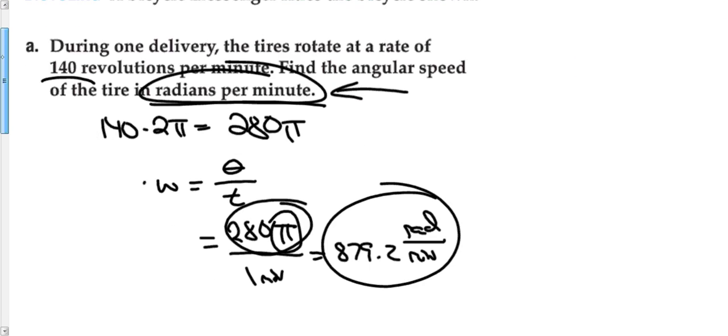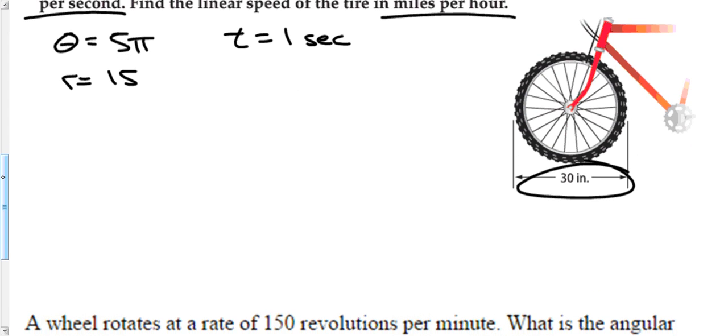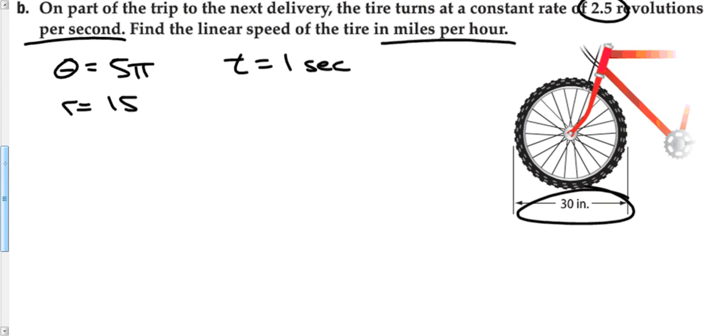Okay, so quick calculation. So we have now that V is equal to R theta over T. Okay, 5 pi is unitless, R is inches. In this case, we are going to really have to keep track of my units.